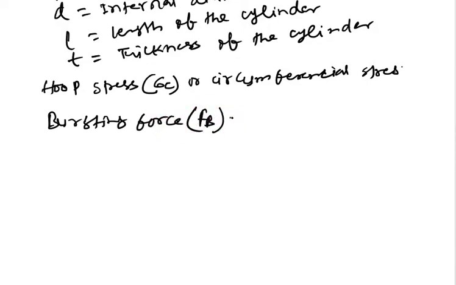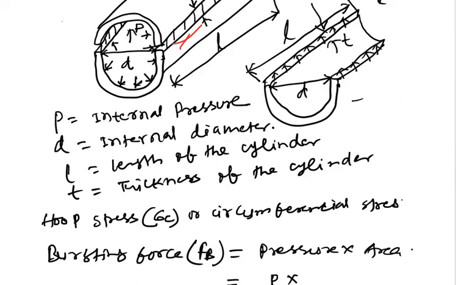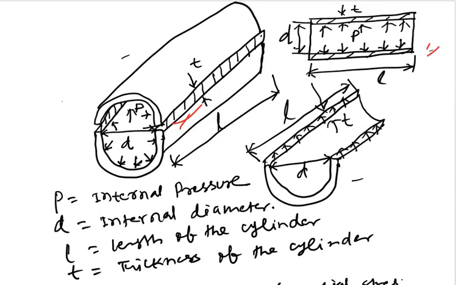From the definition of force, force is equal to pressure into area, correct? The internal pressure is given, that is P, and what will be the area? Area is length into breadth.